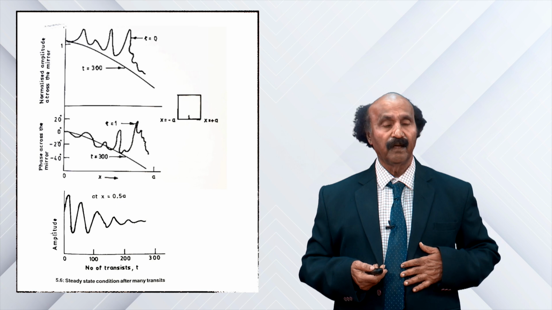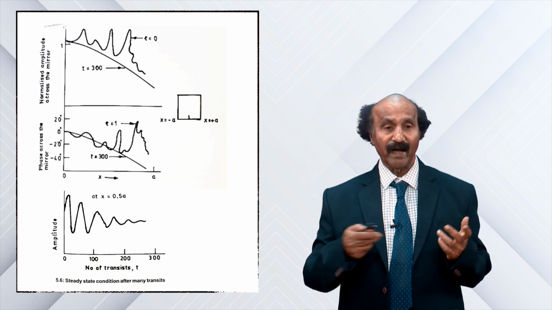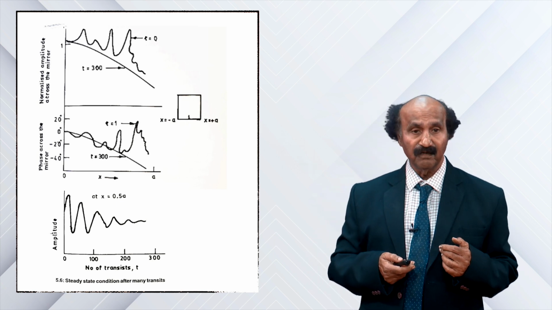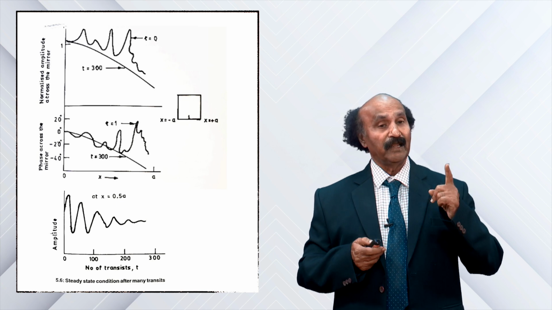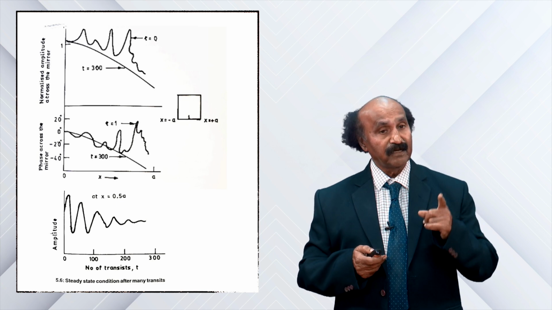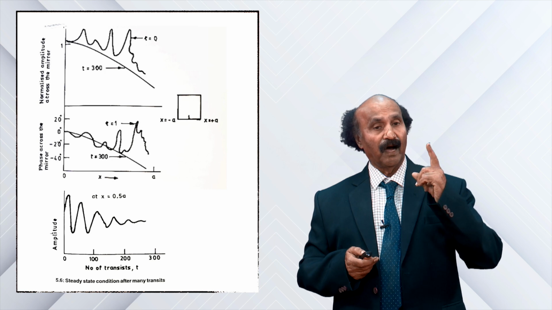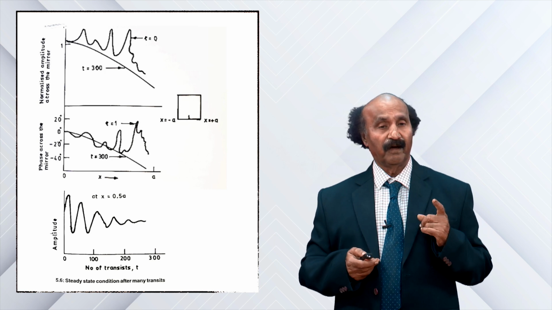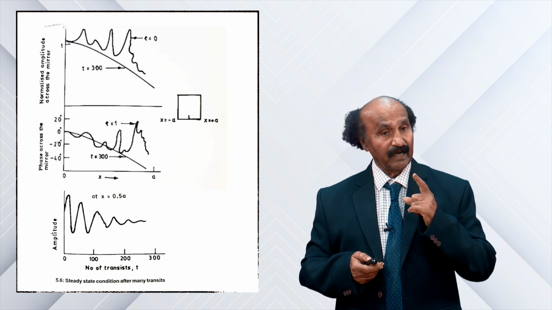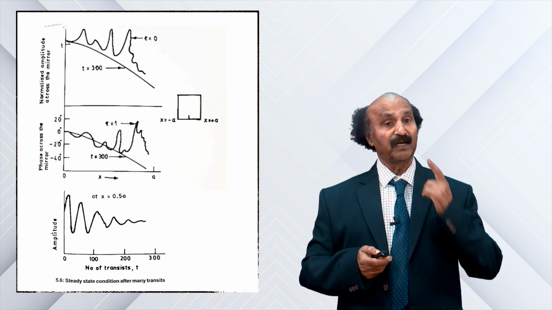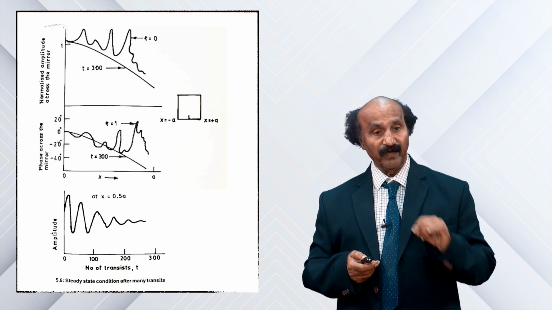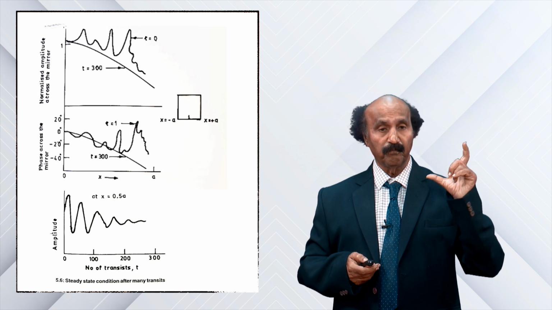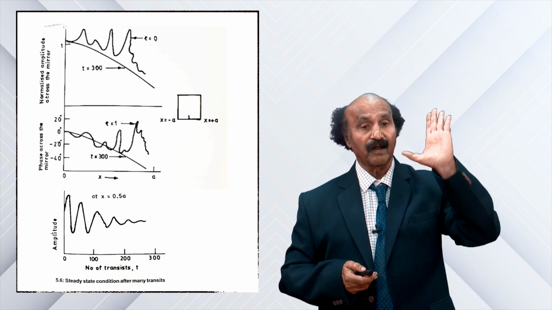On the other hand, if the light is going back and forth 300 times, then you see there is a decrease at the 300th iteration. But what is important is the amplitude and the phase of the wave at two different points of the mirror are correlated.